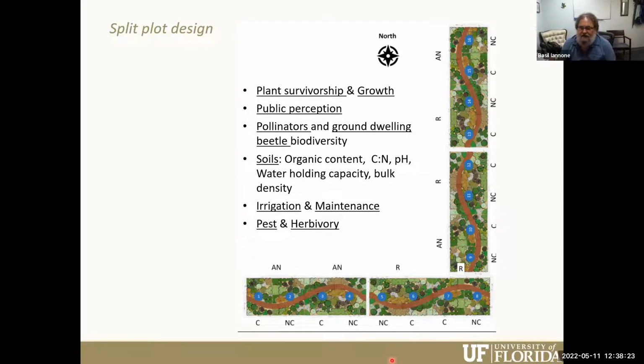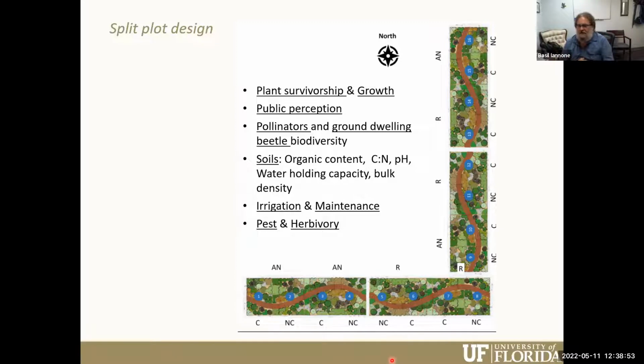So what we're going to do is, over a 2-year period, quantify plant survivorship and growth. We're going to quantify the public perception of these plantings to see, hey, would you be okay with this in your yard? And we're going to look at the pollinators and ground-dwelling beetles. We're going to look at soils: the organic content, carbon-nitrogen ratios, pH, water holding capacity, and bulk density, kind of indicators of soil health, or the ability for plants to grow well there.